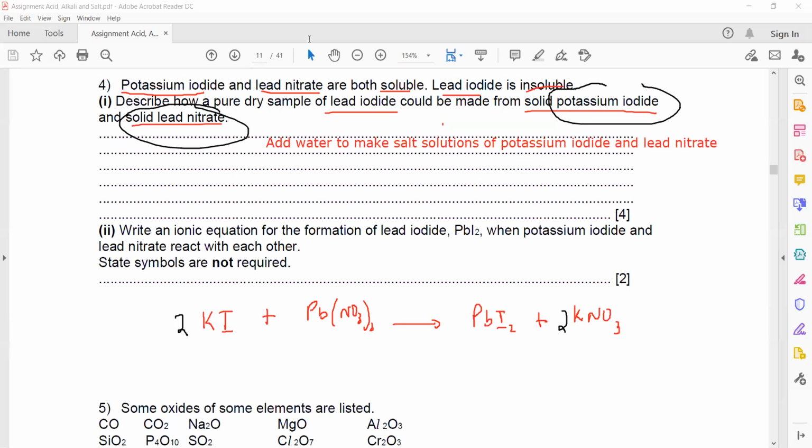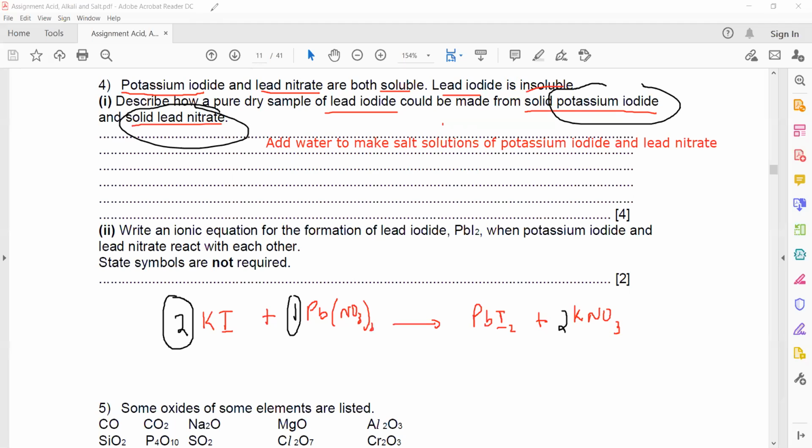Then if I make a solution of these two, what should be the ratio here? According to the equation, 2 molecules of potassium iodide are reacting with 1 molecule of lead nitrate.